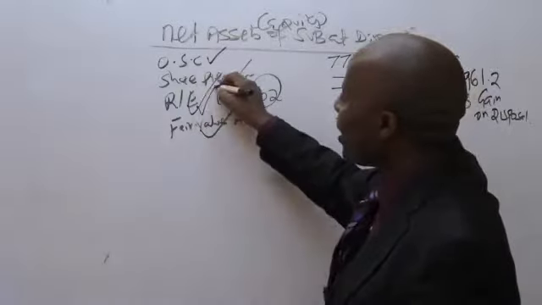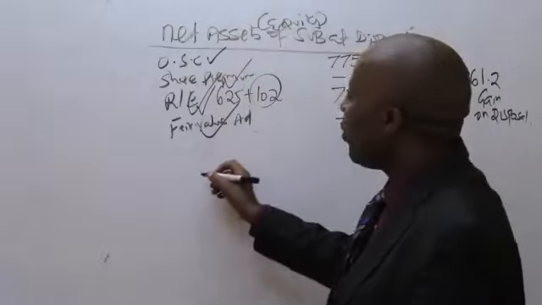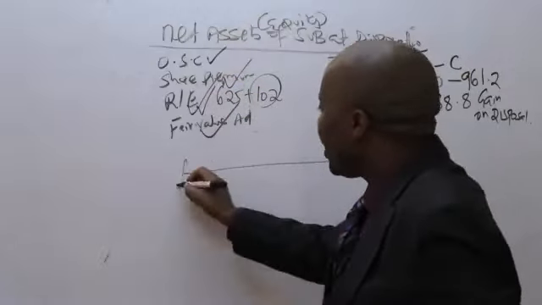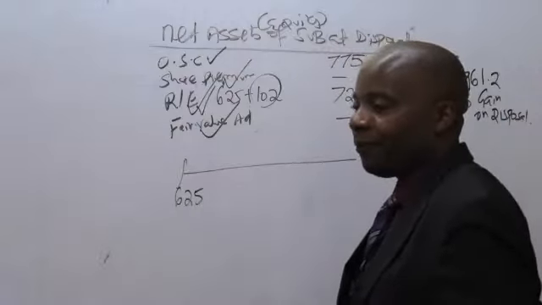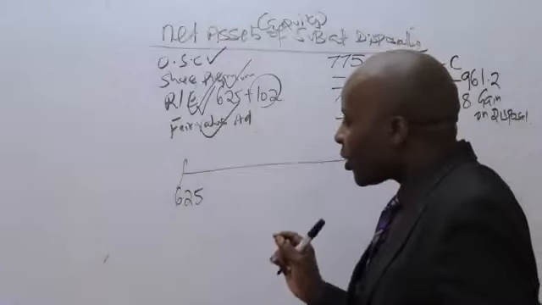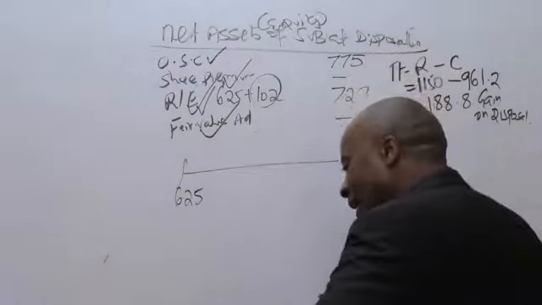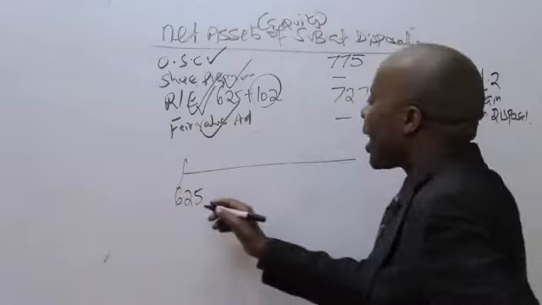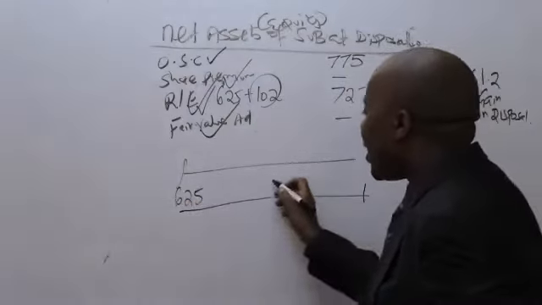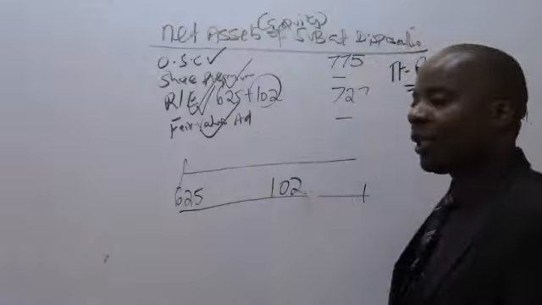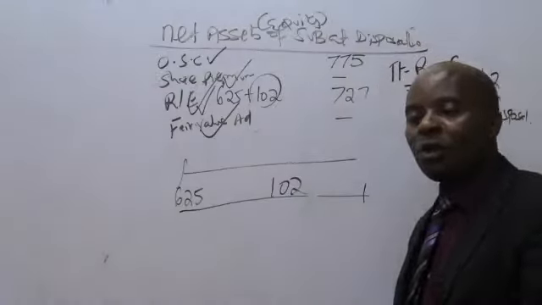So retained earnings, Mary is asking why add. When we bought this company, we bought it having retained earnings of 625. The company was not asleep the whole year. It went ahead and made a comprehensive income of 102.